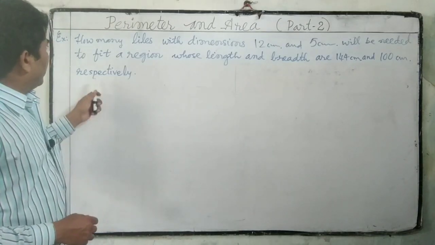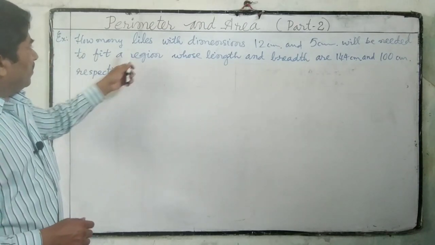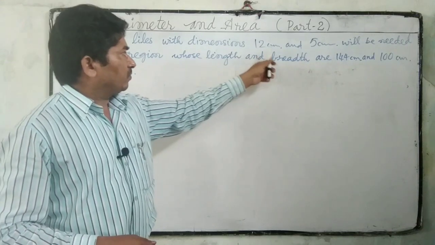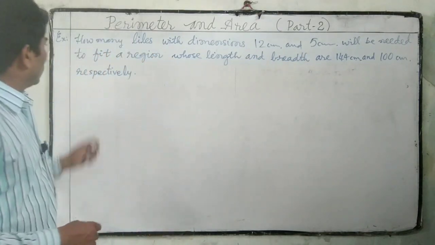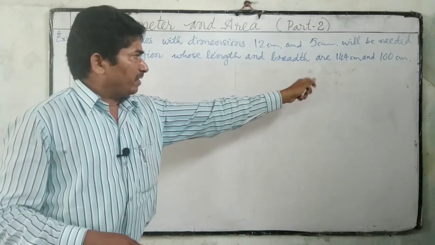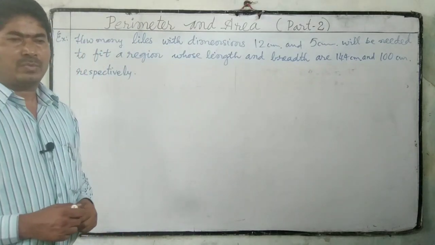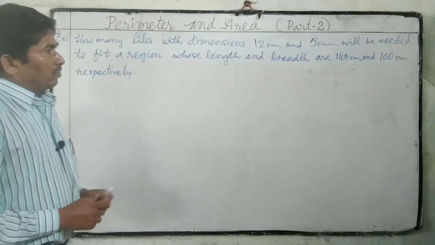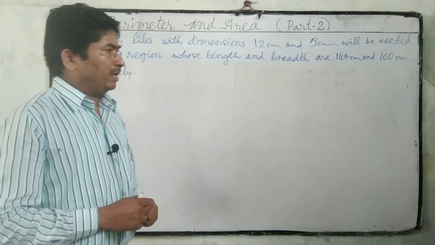Here is an important example. How many tiles with the dimensions 12 centimeters and 5 centimeters will be needed to fit a region whose length and breadth are 144 centimeters and 100 centimeters respectively? How many tiles are needed? Here is a formula.